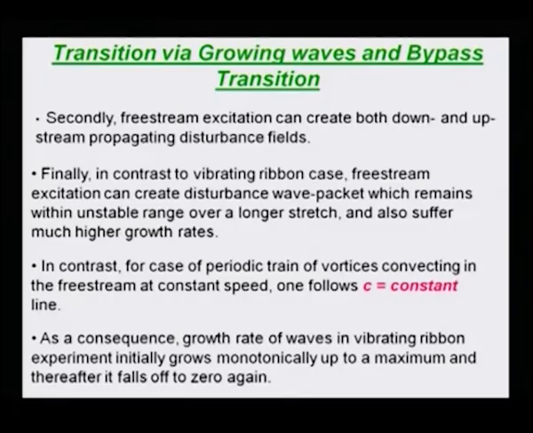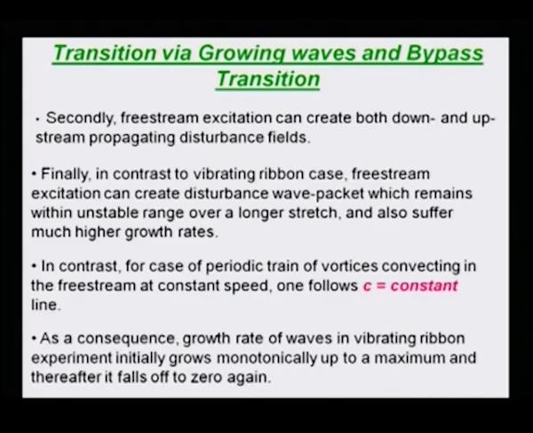Finally, we noted that in contrast to vibrating ribbon cases, the free stream excitation can create disturbance wave packets which remain within the unstable band over a longer distance and also suffer much larger growth rate. This is something that we must keep in mind.